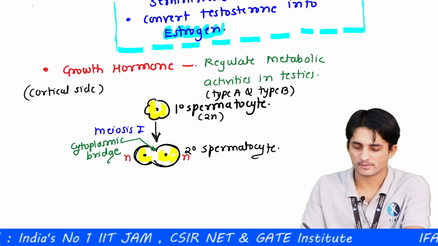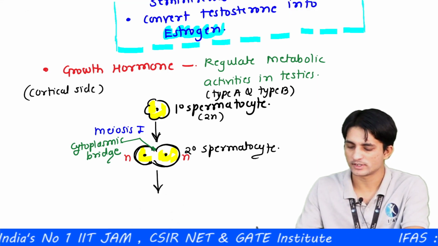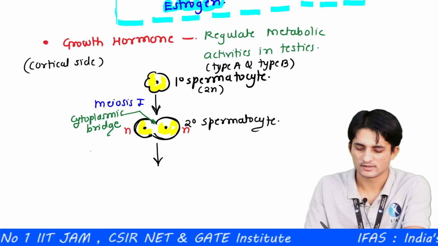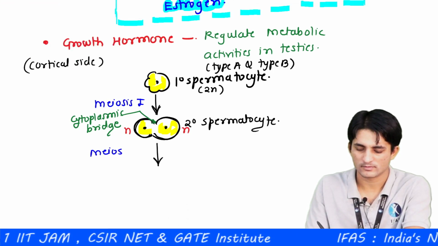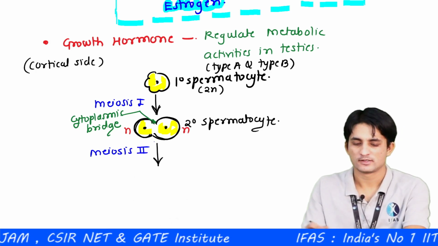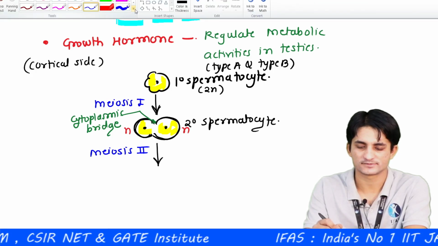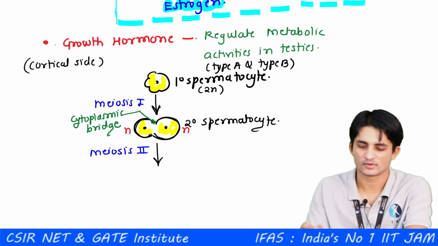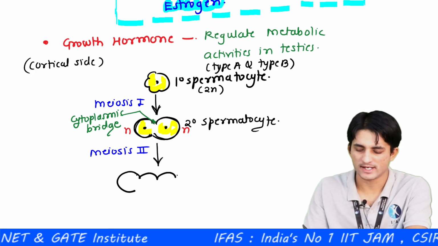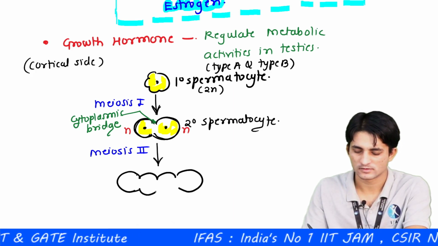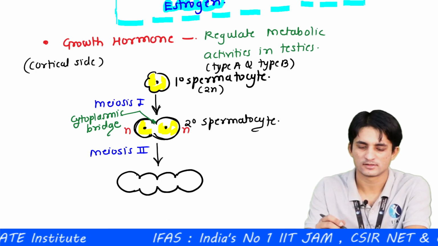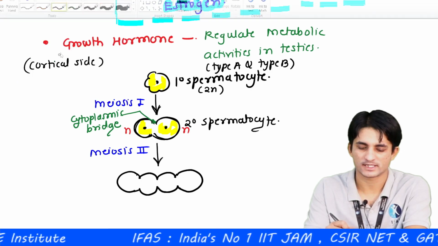Then secondary spermatocytes readily enter into the second meiosis and complete it. In the second meiosis there is formation of the spermatids, and they are also connected with the cytoplasmic bridge.